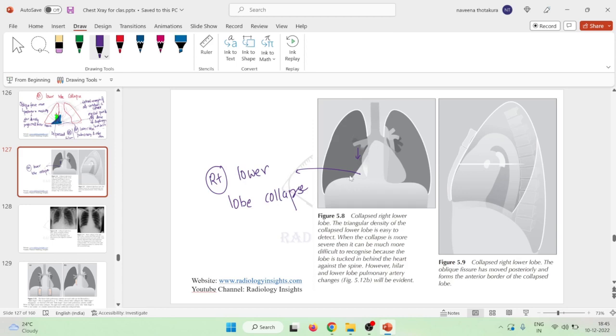The medial aspect of the right dome of diaphragm is obscured, and the lateral margin of the adjacent vertebrae is also not clearly seen, it is effaced. In the lateral X-ray, the oblique fissure will move more posteriorly. Here you will see the collapsed part.